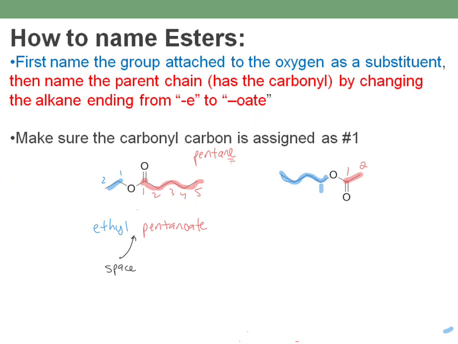A 1, 2, 3, 4-carbon piece would be butyl. And then the rest of it is a 2-carbon piece, so that'd be ethanoate. So this would be butyl ethanoate. Just because butyl is longer doesn't mean you make that the parent and call this a butanoate or anything like that. It's all about where that sp2 carbon is, where that carbonyl carbon is. That's always your carbon number 1.